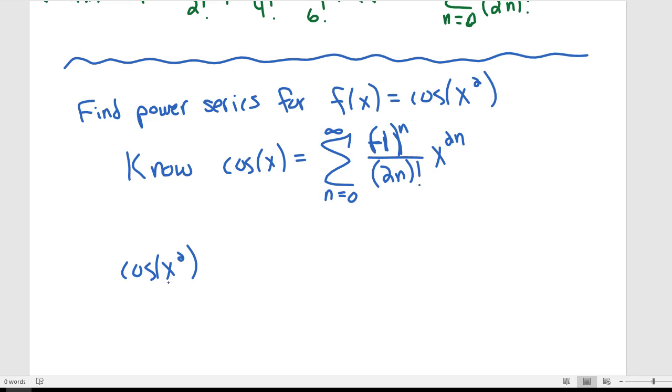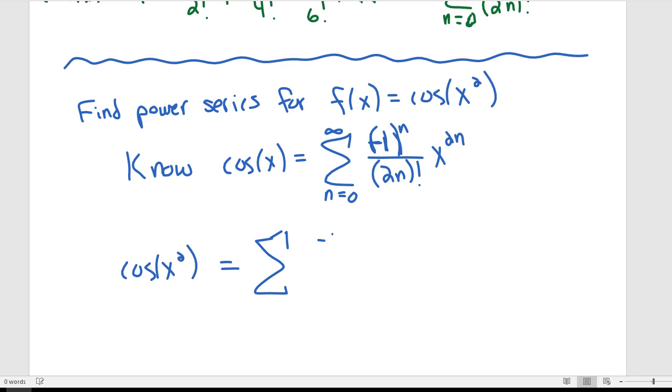So when I look at cosine of x squared, I'm thinking of x squared as the theta, or x squared as the u. Or x squared is my smiley face. So I'm literally going to take my u variable and plug it into my variable here. I'm just going to do an algebraic substitution.